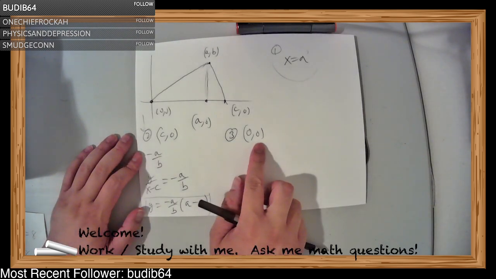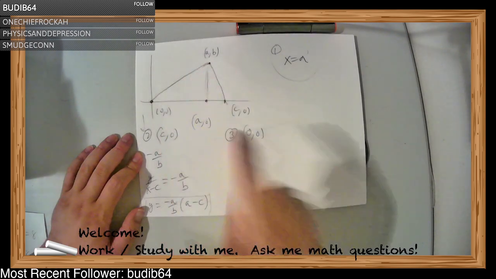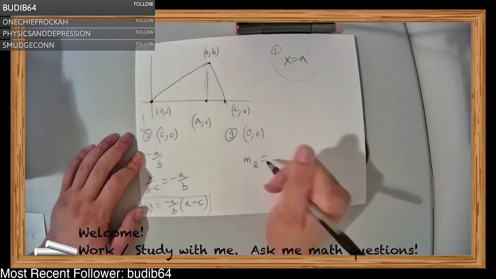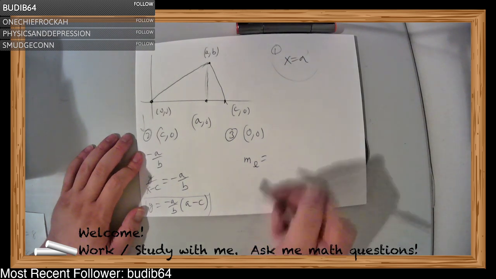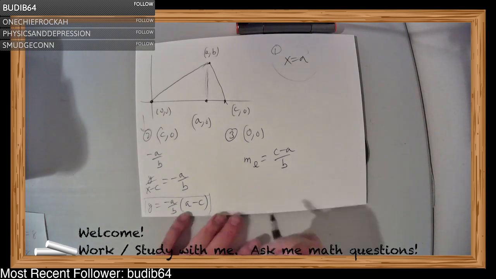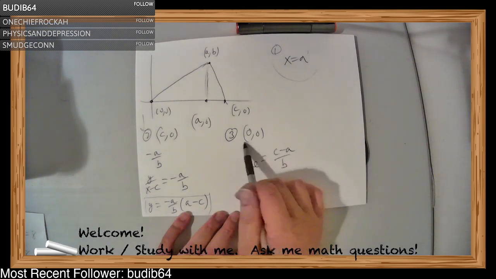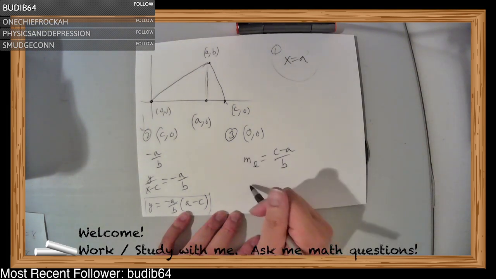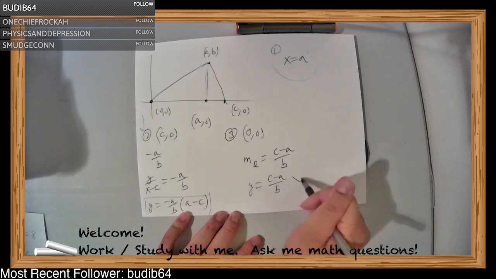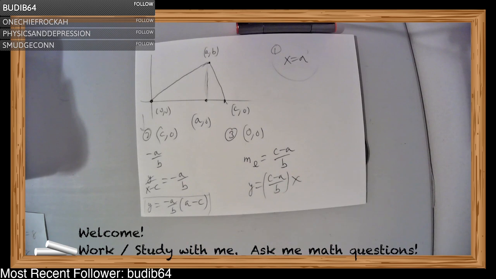It's perpendicular to this length here, so the slope of that line is going to be C minus A over B. All right, cool. Since it goes through the origin, the y-intercept is 0. We can write y equals C minus A over B times x. And because we can do that, we are pretty much done.